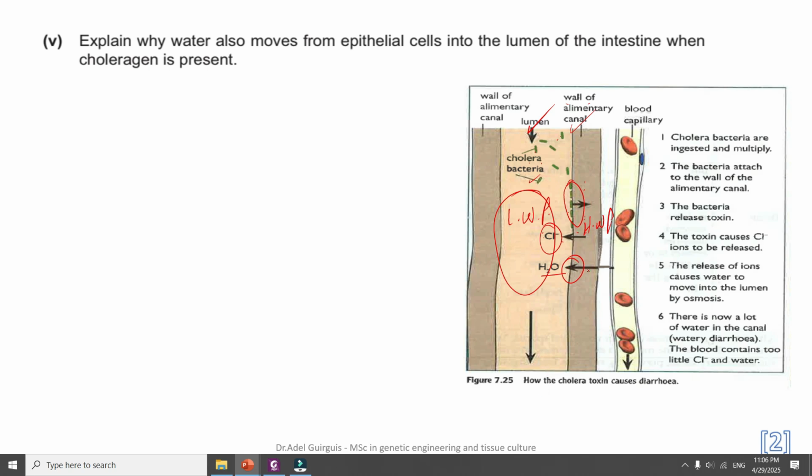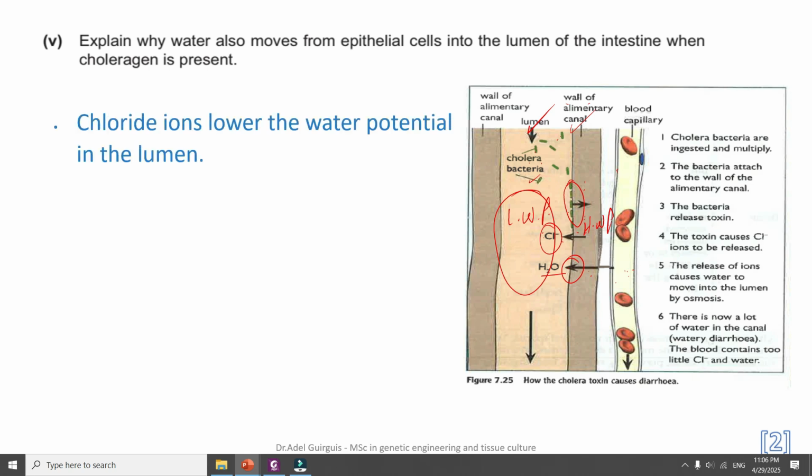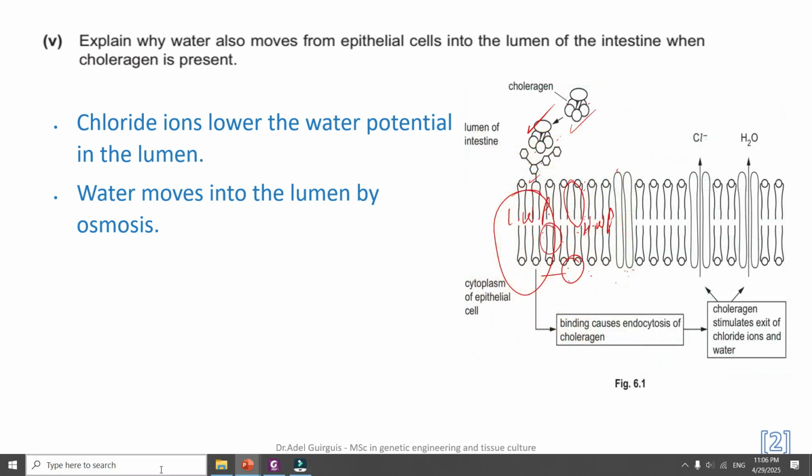This water is compensated from what? From blood. So blood also loses its water content to the lumen to form watery feces. Now, explain why water also moves. Chloride ions lower the water potential in the lumen. Water moves into the lumen by osmosis. Look at this figure.